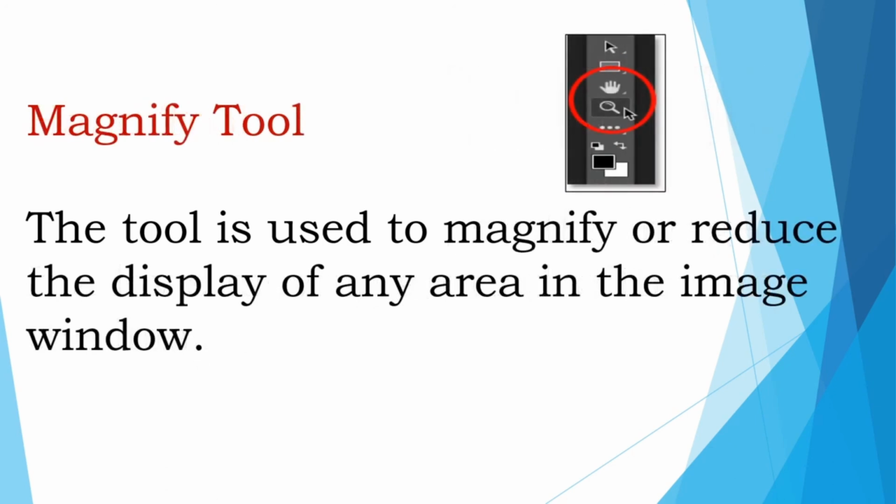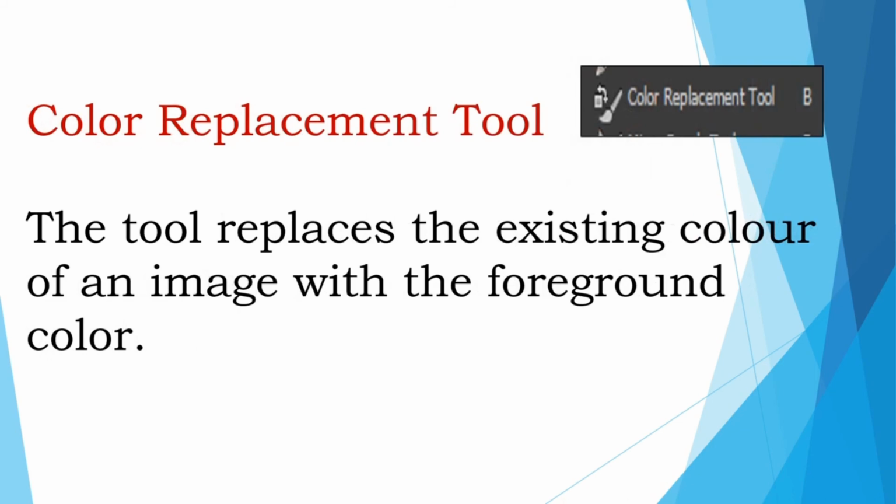Magnify tool. Magnify tool is used to magnify or reduce the display of any area in the image window. Color replacement tool. The tool replaces the existing color of an image with the foreground color.